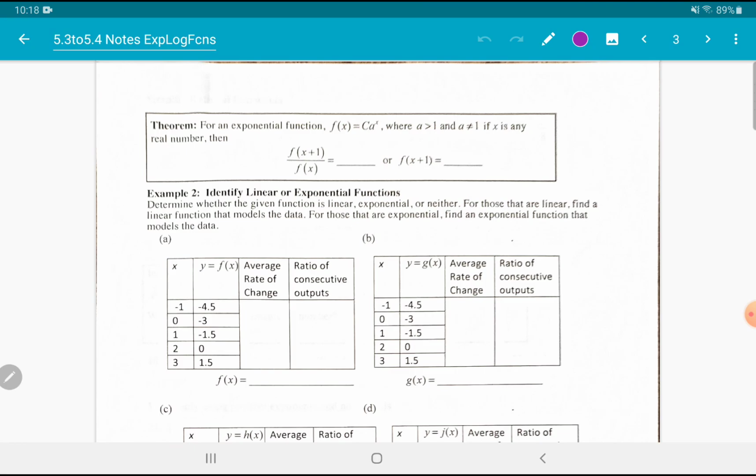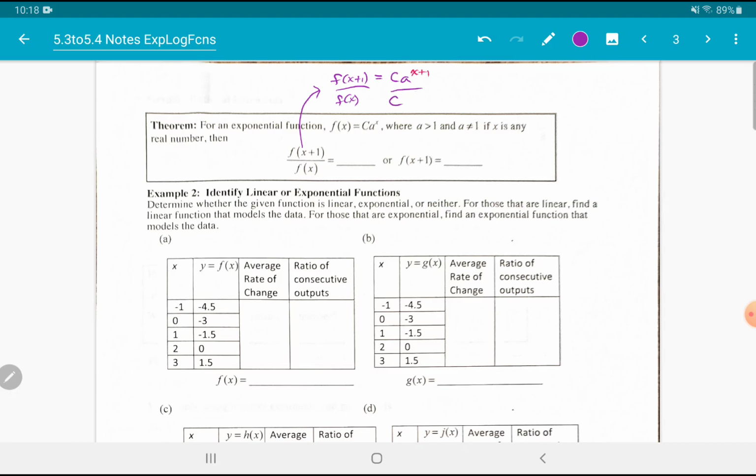All right, let's take a look at the next page. Taking a closer look at our function, which is f of x equals c a to the power of x, where a is greater than 1, and a cannot equal 1. Now, if I take a look at this composite function, f of x plus 1 divided by f of x, keep in mind that f of x plus 1 is thinking of f of x as c times a to the power of x, where x is now becoming x plus 1. What's f of x?